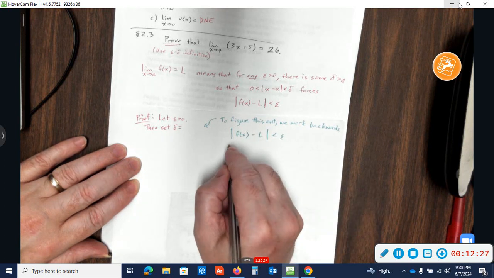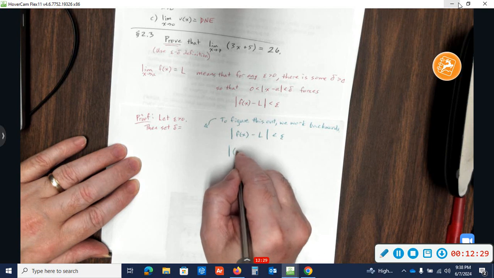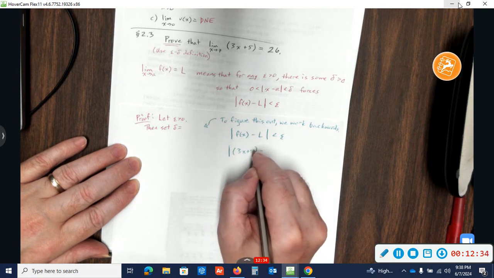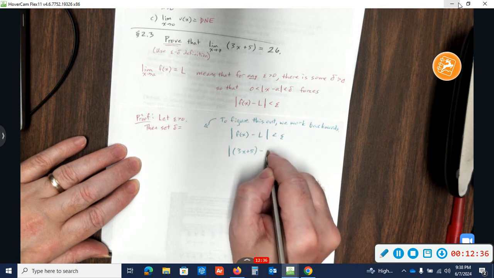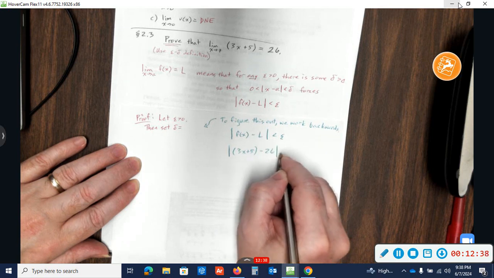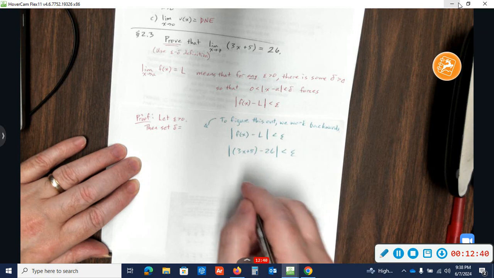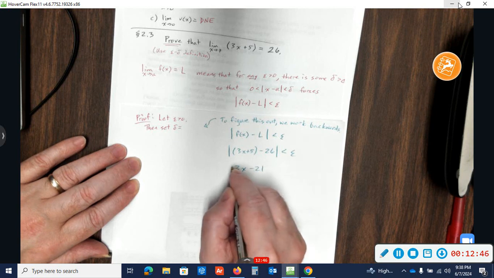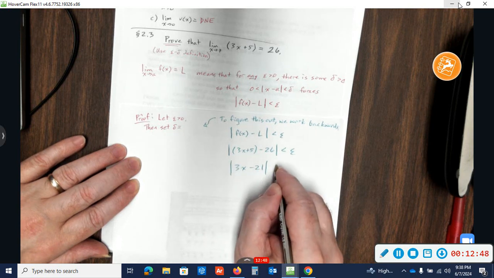In our case, the absolute value of 3x plus 5 subtract 26 is less than epsilon. That means 3x plus 5 minus 26, that's 3x minus 21, is less than epsilon.